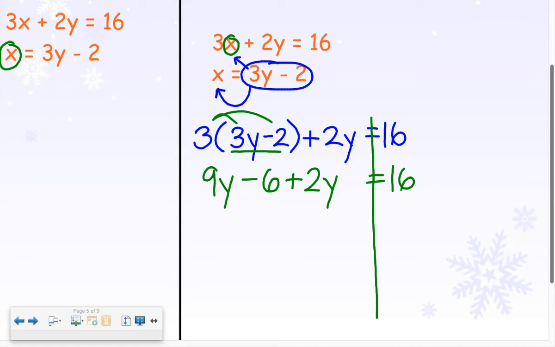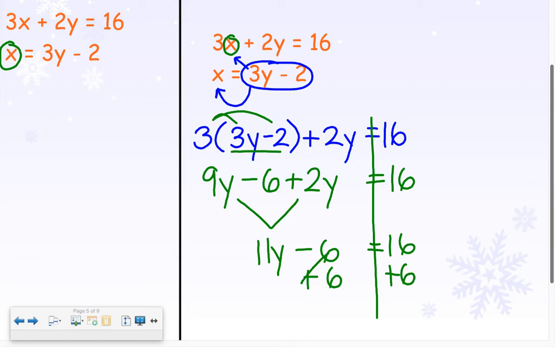All right, 9y and 2y make 11y. Okay, so add 6 to both sides. Divide both sides by 11, and we get y equals 2.